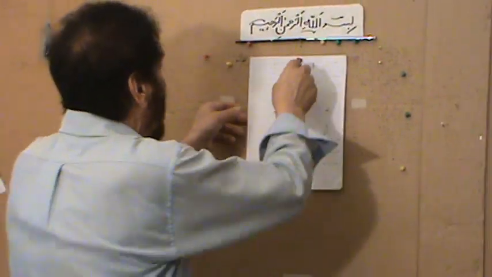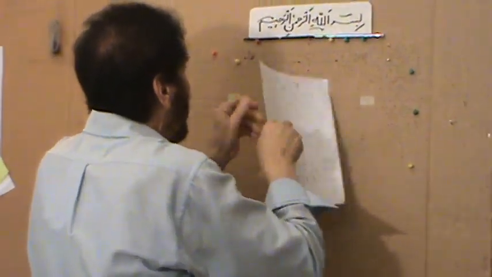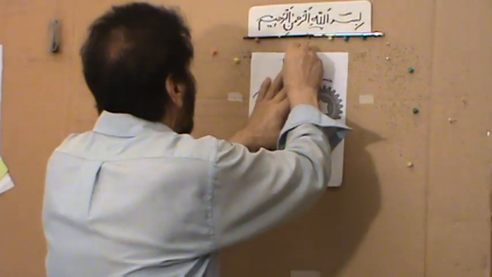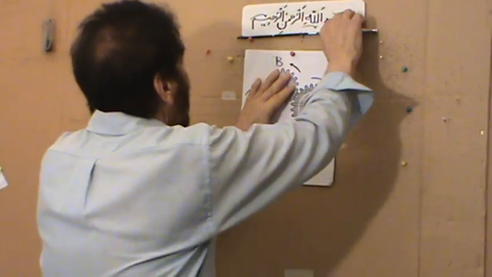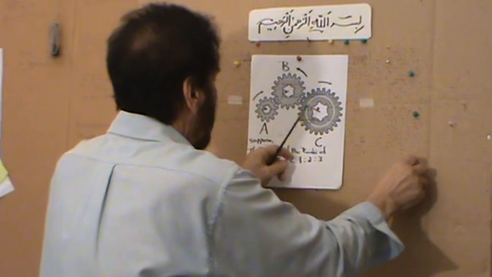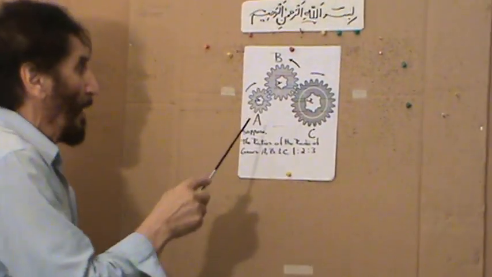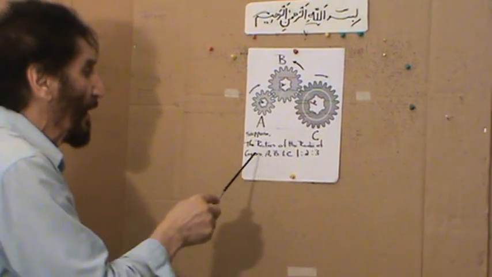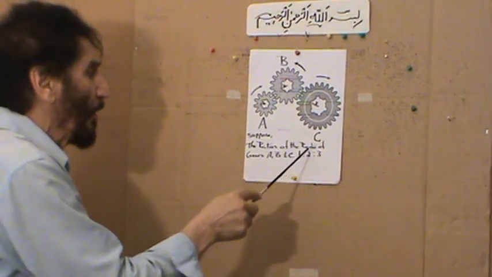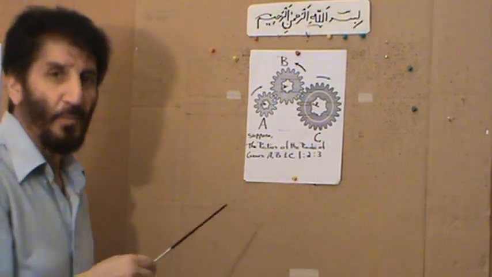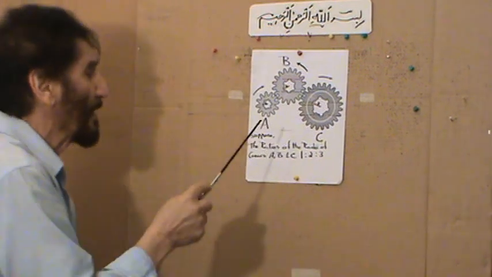Now, let me go to the picture, and I also have a 3D model that I have made. The picture, as you see it, I have already written that the ratio of the radii of the gears are 1 to 2 to 3 for simplicity.